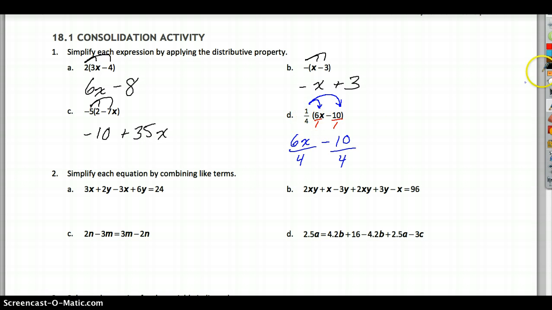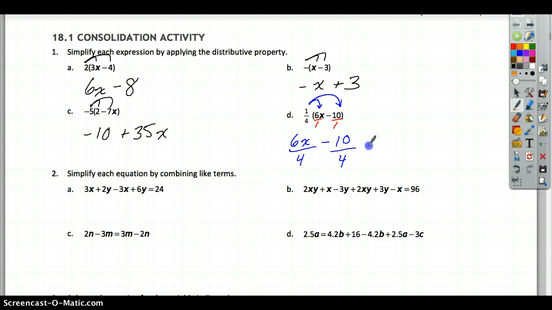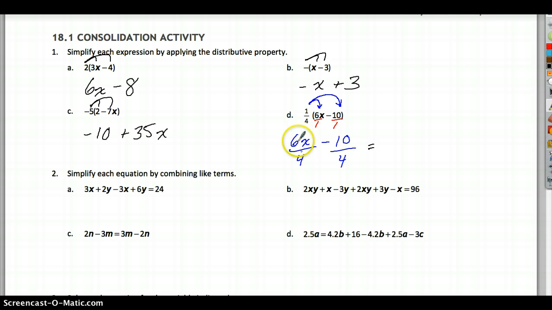All right, we're going to simplify these now, because 6 over 4, we could reduce that fraction, divide the top by 2 and the bottom by 2, and we could really turn that into 3/2 x minus, divide the top by 2, divide the bottom by 2, 5/2.